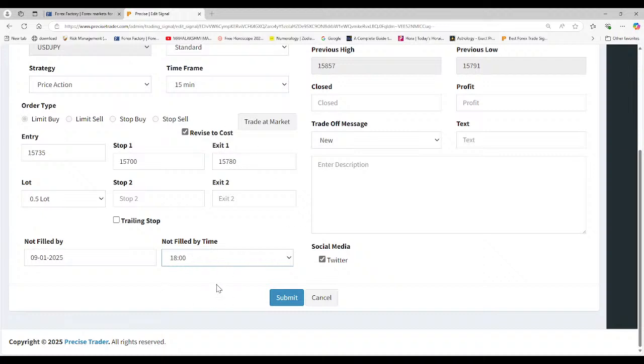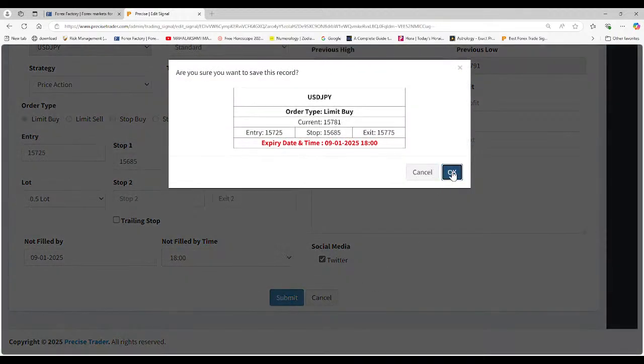Maybe we can put lower, at 157.25 and 156.85. Then this one we will put as 157.75, and this is until X, and this is a half lot. So this is the change we are doing.